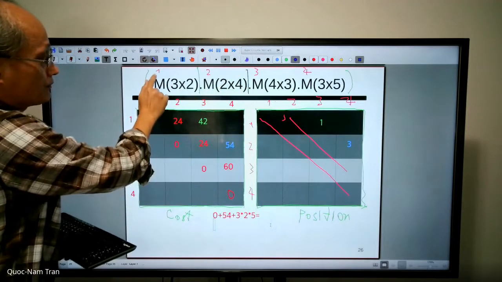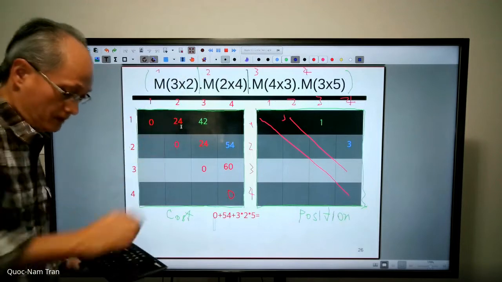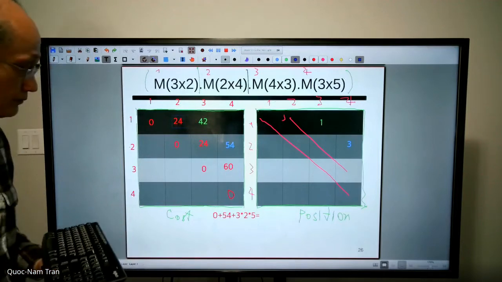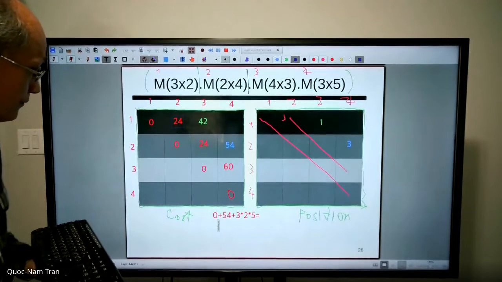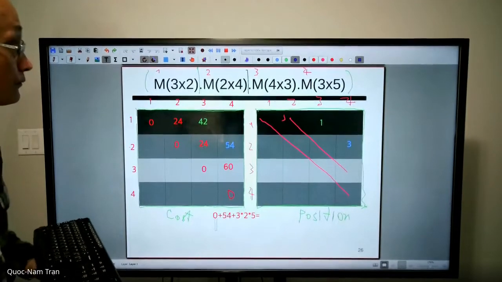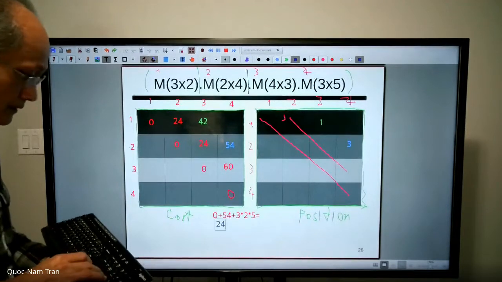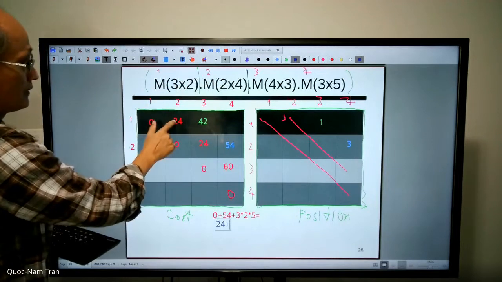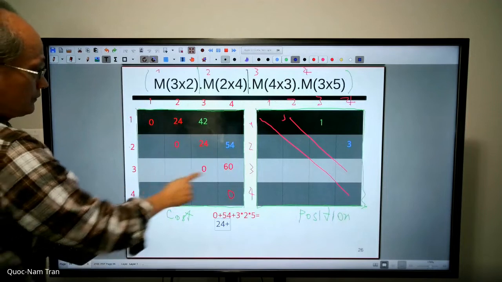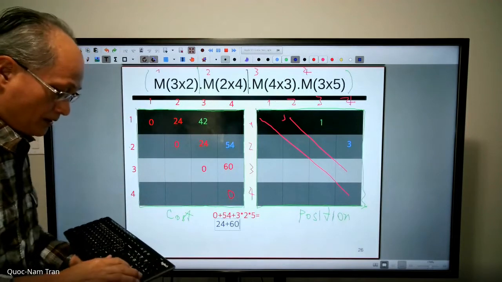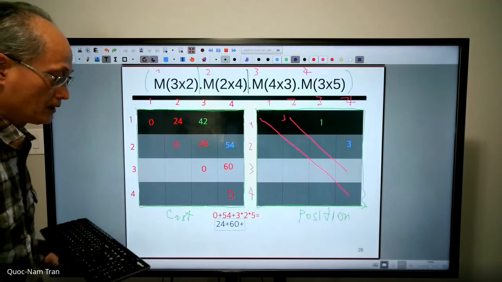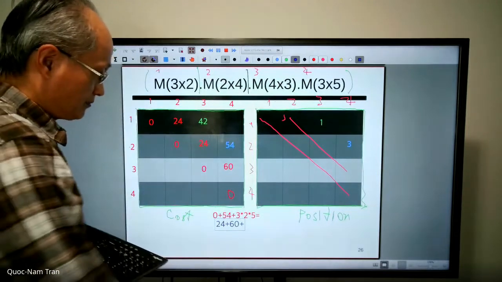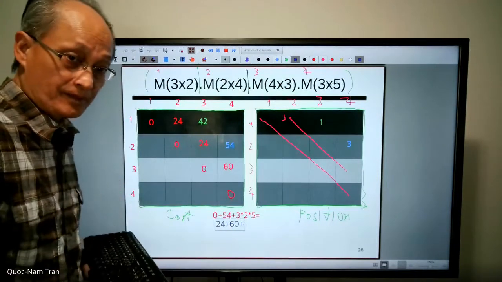The left from 1 to 2 is 24, plus 3 to 4, which is 60, plus the cost for multiplying them together. But it looks like it's already bigger than what we have here, right?